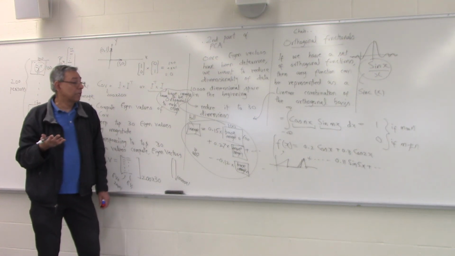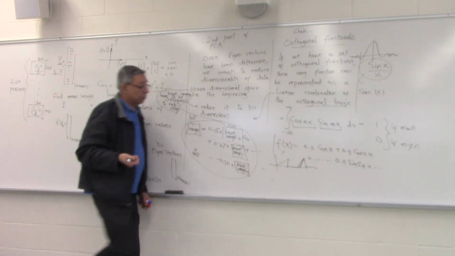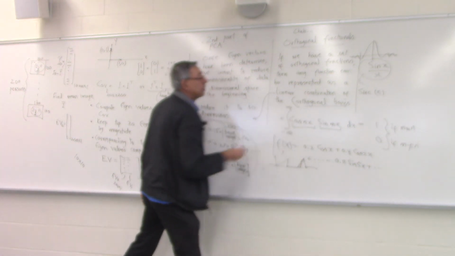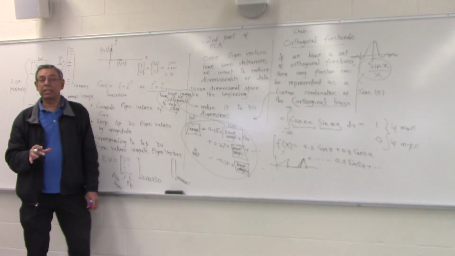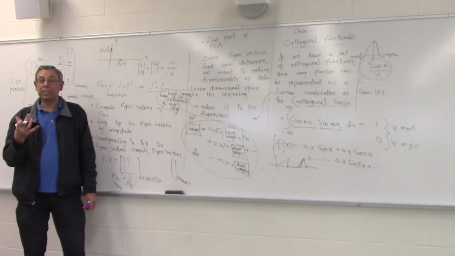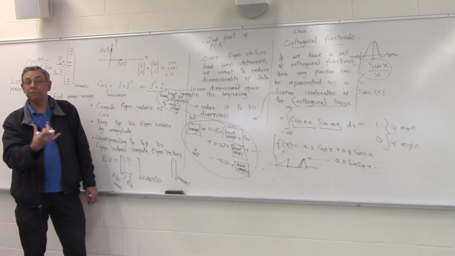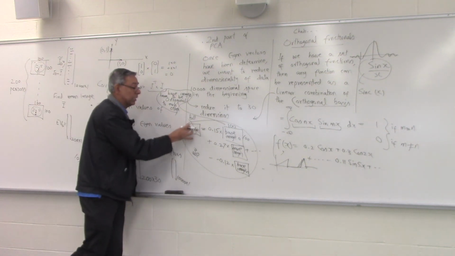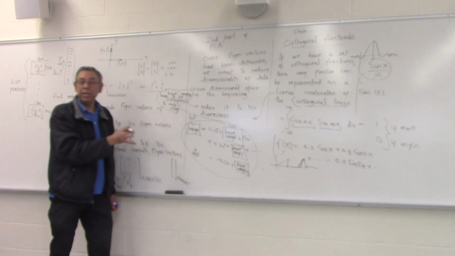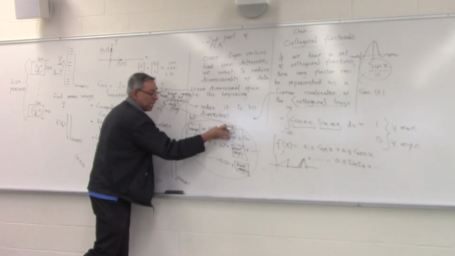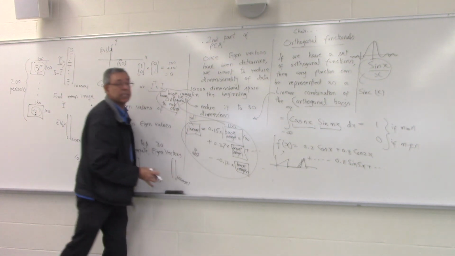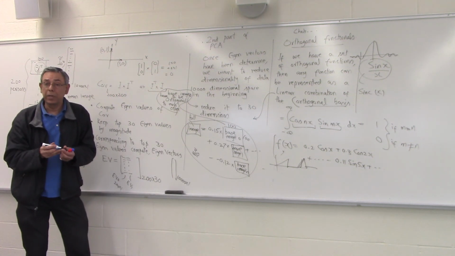So then we have an orthogonal basis. And according to proven mathematical theory, if you have an orthogonal basis, you can create any function, or in our case, any image, by simply combining these in a linear way, right?